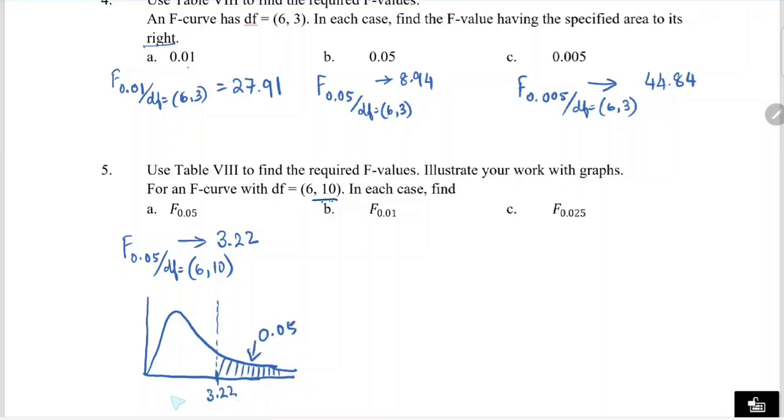So it is F of 0.05 with DF equals 6, 10. This is how you're going to illustrate. This is our alpha value. So you can do the other two by yourself for some extra practice, but just follow the way I have shown you to refer to the tables.